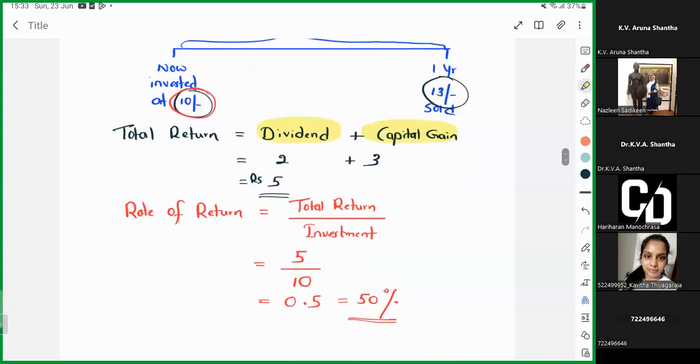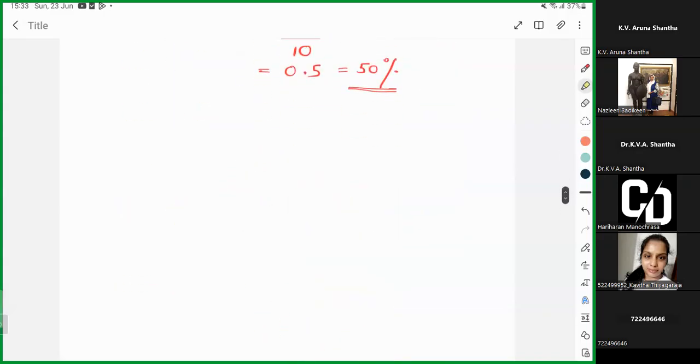Now let's take a simple example. Assume you bought shares of a particular company about 5 years back. Carefully look at this example.